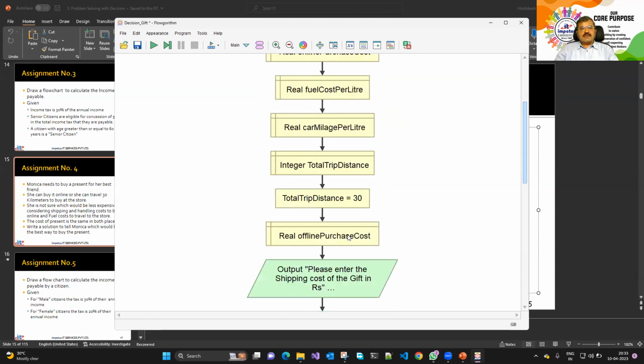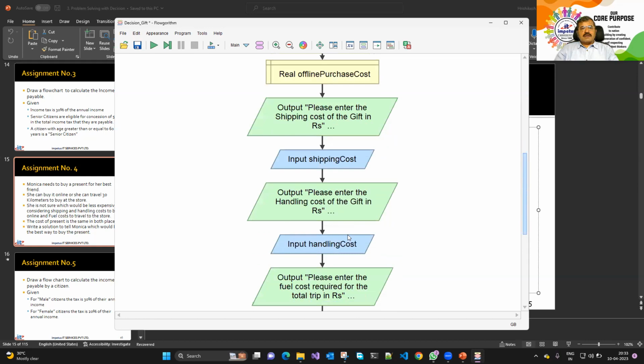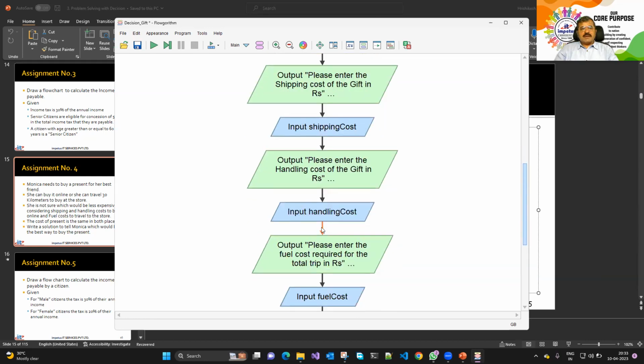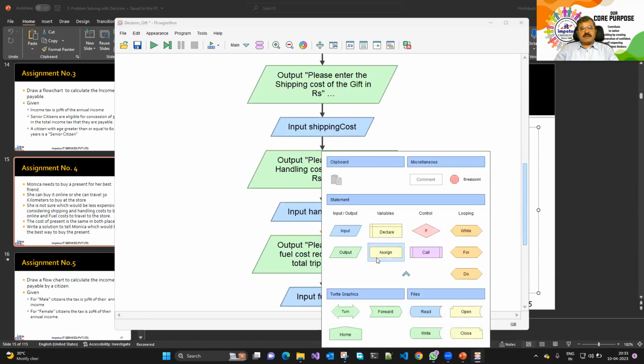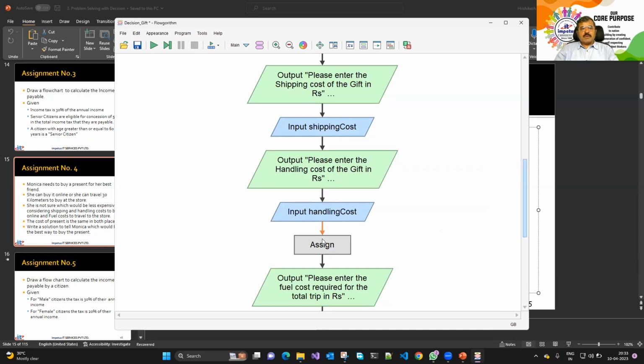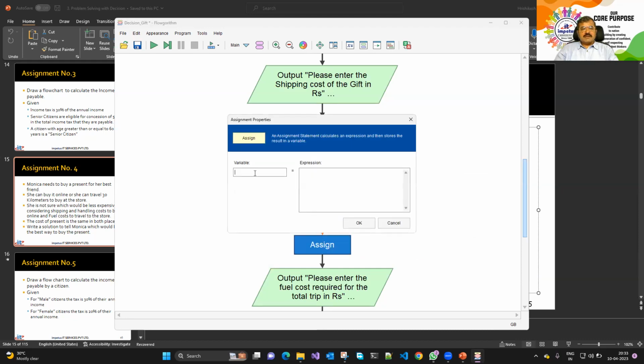Now here, handling cost has been accepted, shipping cost has been accepted. So I am now going to put the operation. Yes, please. So we have assumed here she will be traveling by car.